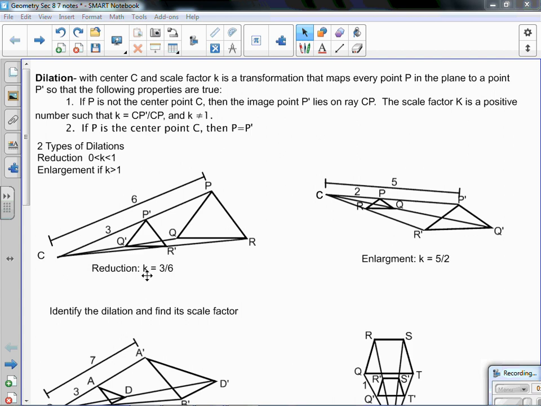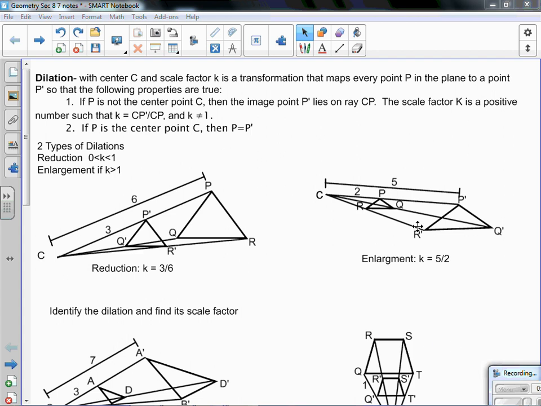And our K value, our scale factor, takes the distance from C, the center point where these rays originate from, to the prime point. That's a distance of 3, over the distance from the center point to the original P, which is 6. So 3 over 6.